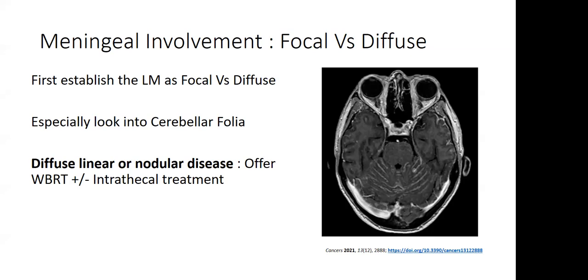Intrathecal chemotherapies, if your institute is comfortable with it; some institutes do not even give any intrathecal. So it all depends. So first establish whether this meningeal involvement is a diffuse one or a focal one, or a linear one or a nodular one.